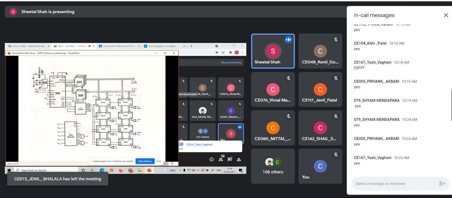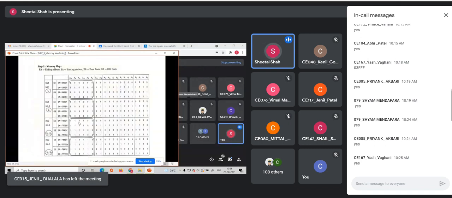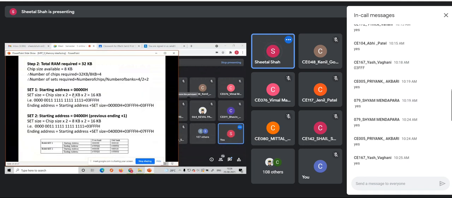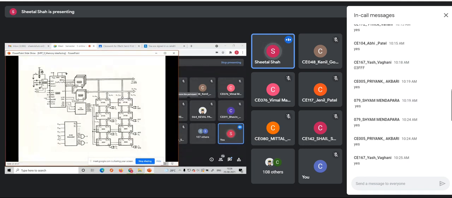So among the 64 output lines, if all these pins are 0, then only this output would be asserted, whereas all the others would not be asserted. And here we are having active low outputs. That means if all of them are 0, the output y0 dash would be 0, whereas y1 dash to y63 dash, all of them would be 1s.